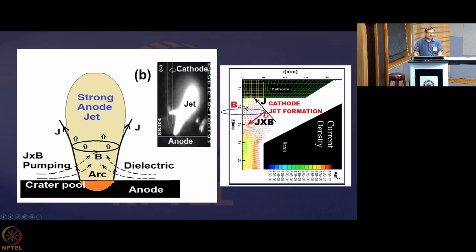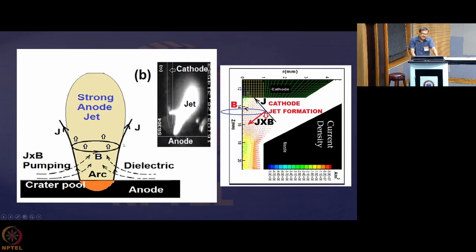That is making a cone-shaped configuration of the current density vectors. If that is the case, then the magnetic field is like this, and here you see that there will be a thrust generated. J cross B will be normal to this conical surface, and there will be a radial component in this direction, and a vertical component in this direction.